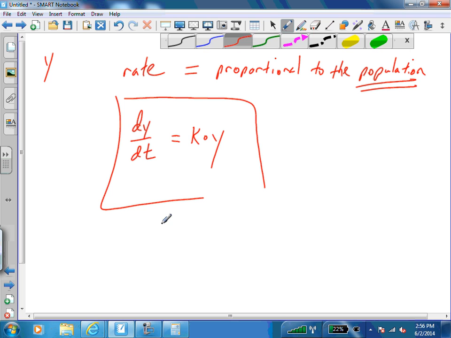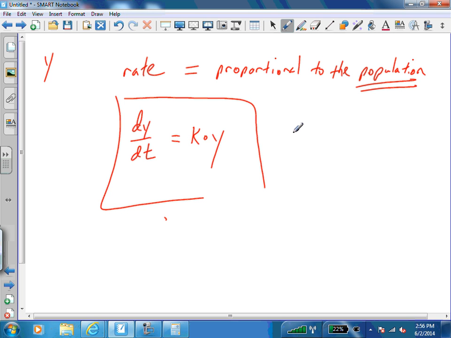Let's move dt over. How would I get dt on the other side? Basically multiply both sides by dt. So we have dy on the left, k y dt on the right. We have dy on the left, so if we have y anywhere, we want y on the left with it. We have dt on the right, so if we have another t somewhere, we want t on the right.